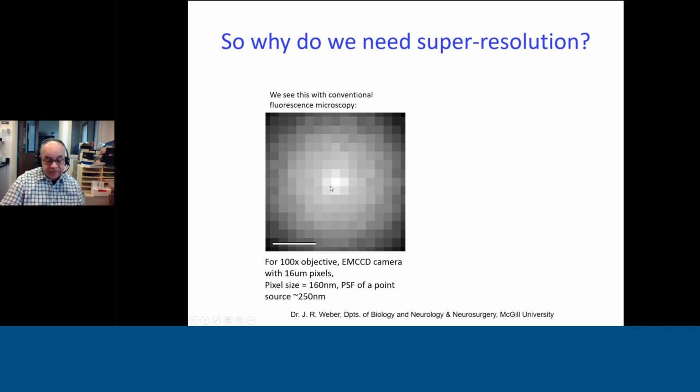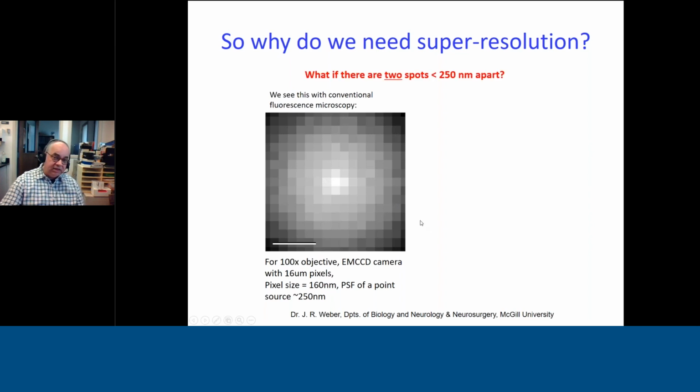And the PSF here, of course, it's light microscopy. Let's assume it's about 250 nanometers in X and Y. So you see, at that level of resolution, you're looking at a single point source with a Gaussian intensity distribution around it in that field of view.